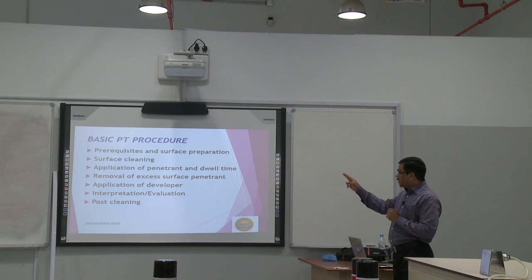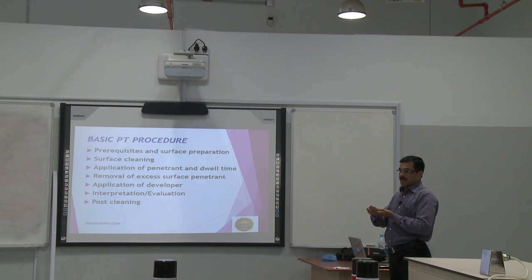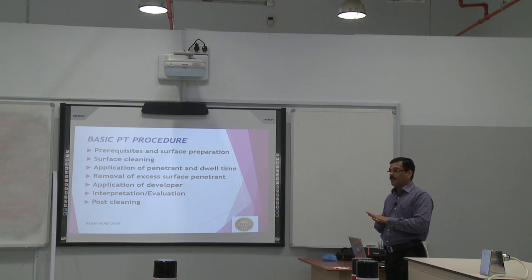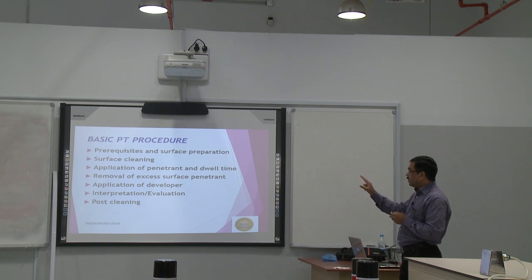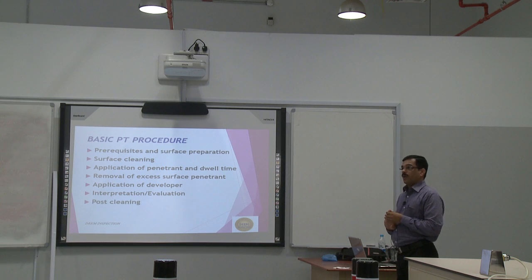So after this dwell time, what will we do? We will remove the penetrant. We will wipe out from the surface, not from the defects, whatever excess penetrant is on the surface of the material. We will remove it with lint-free cotton cloths and clean with a solvent. After that, we will apply the developer.